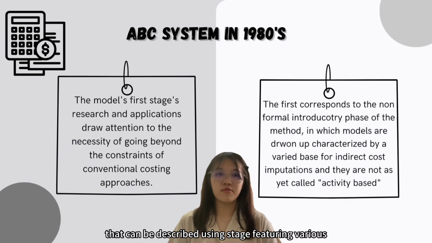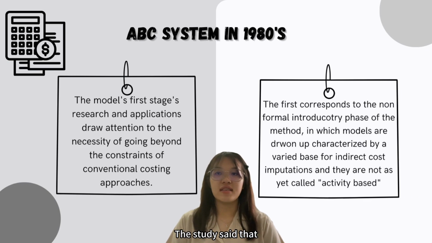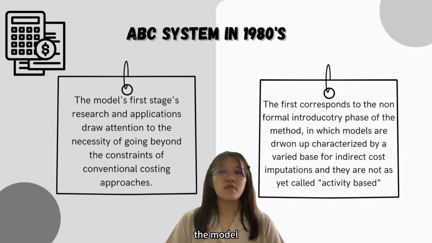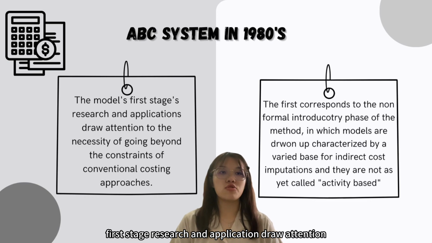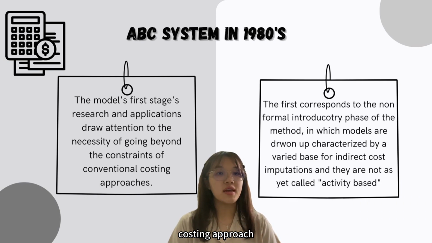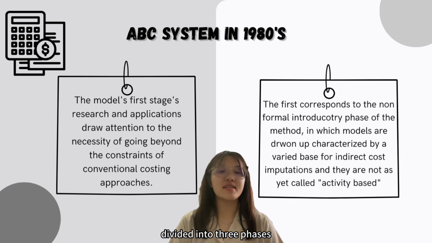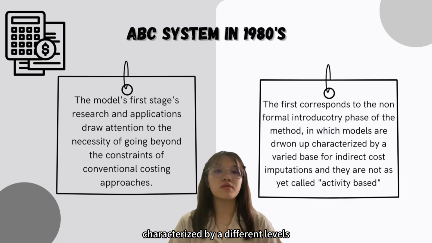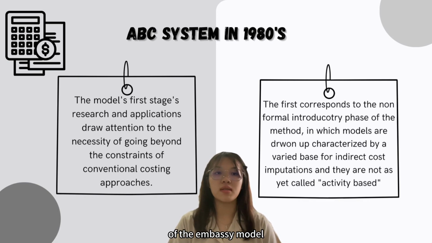The evolution can be described using stages featuring various objects of analysis. The study said that the model's first stage of research and application drew attention to the necessity of going beyond the constraints of the conventional costing approach, divided into three phases characterized by different levels regarding the system approach of the model.